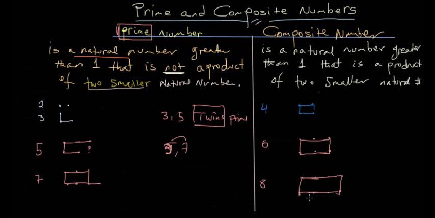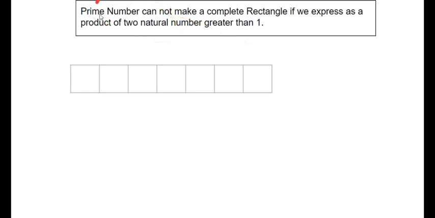Let's see more on the geometrical aspect of prime numbers. Let's visualize again prime numbers as a product of two natural numbers with no leftover, with no additional number or any further numbers.